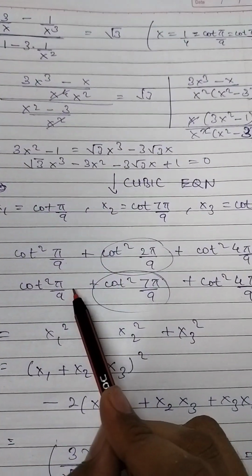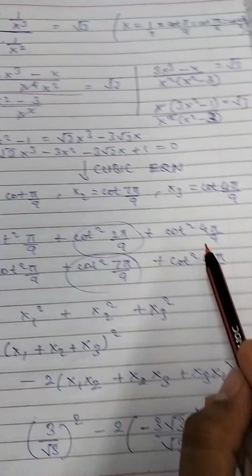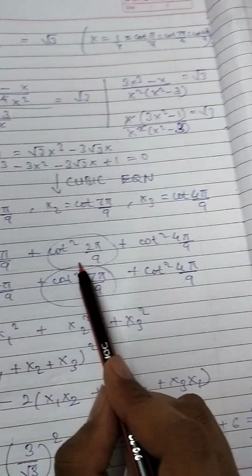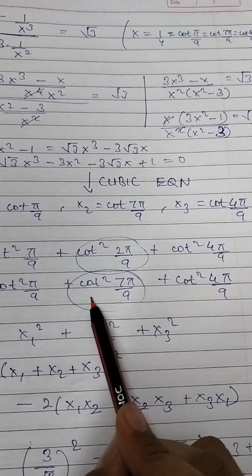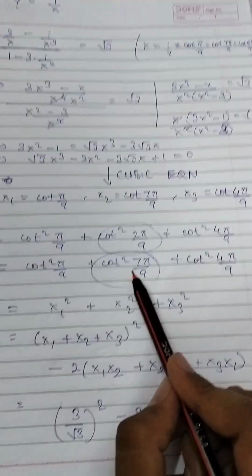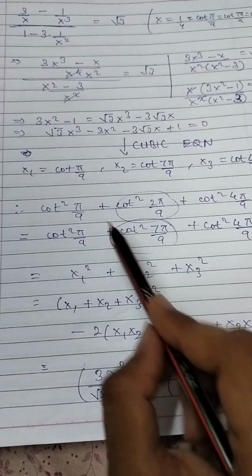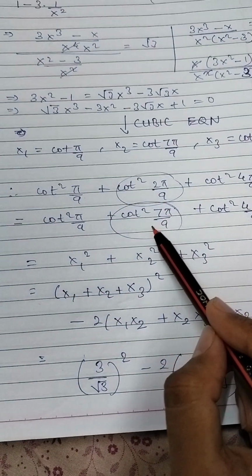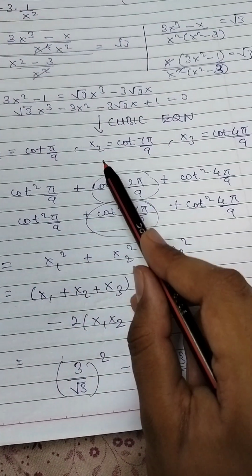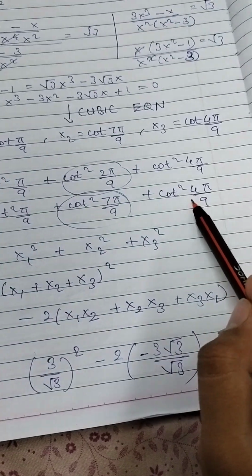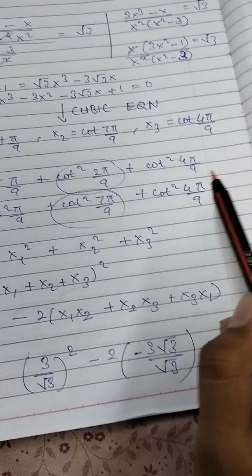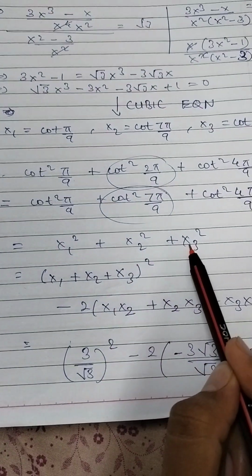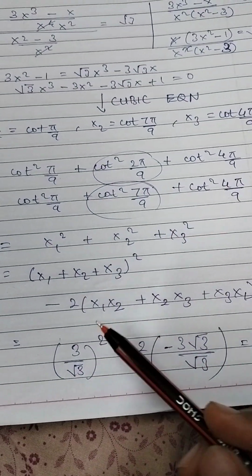Now I already showed you that cot square 2 pi by 9 is same as cot square 7 pi by 9. And if you see, cot square pi by 9 means x1 square, cot square 7 pi by 9 means x2 square, cot square of 4 pi by 9 means x3 square. So this is just the summation of x1 square plus x2 square plus x3 square.